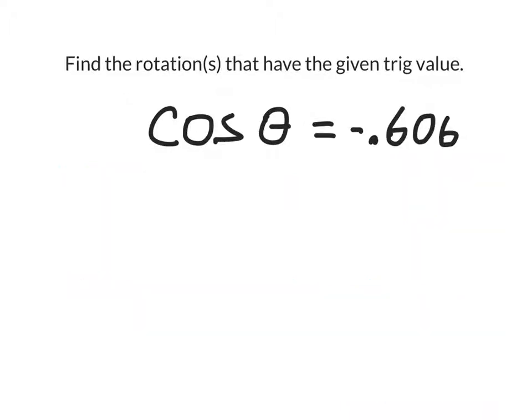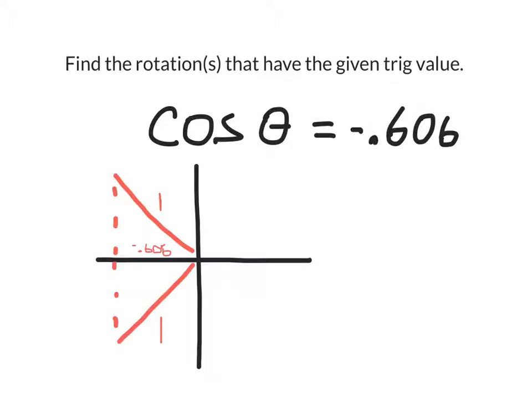For our second example, let's use cosine of theta equals negative 0.606. Since cosine is negative, I know that the triangles would need to be to the left of the y-axis, or in quadrants 3 and 4. If I really want to have more specific labels, I know that negative 0.606 is the x-coordinate since we're in the unit circle and the radius is 1.